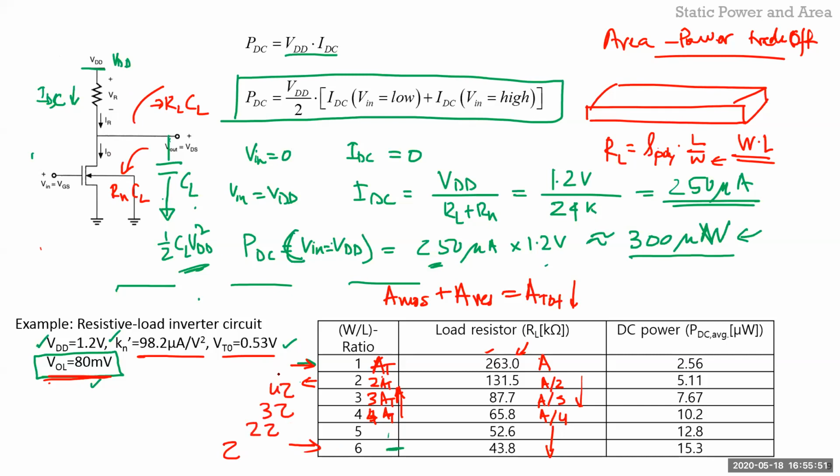So your speed is decreasing as you go higher in this branch. So there is a speed aspect to it as well. So it's really not just area-power, but an area, power and speed trade-off. Any design you do involves these trade-offs, and it always depends on the application you're working on.